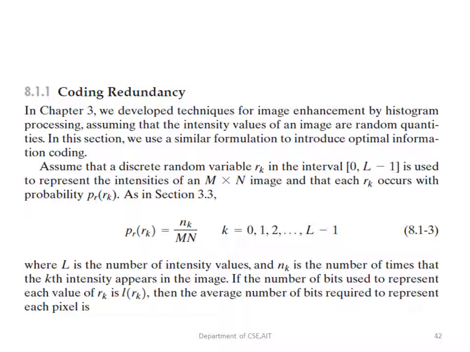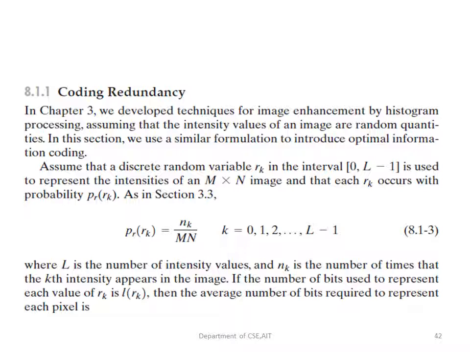Coding redundancy. Previously we have seen some techniques which were used for image enhancement, like histogram processing, where the intensity values of the image are random quantities. Here also we are going to use a similar function to get the optimal information coding. Suppose I have a discrete random variable r_k in the interval 0 to L-1, used to represent the intensities of an M by N image.